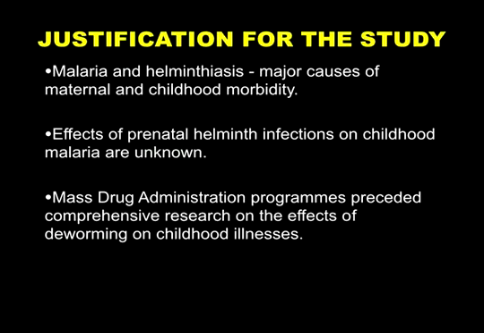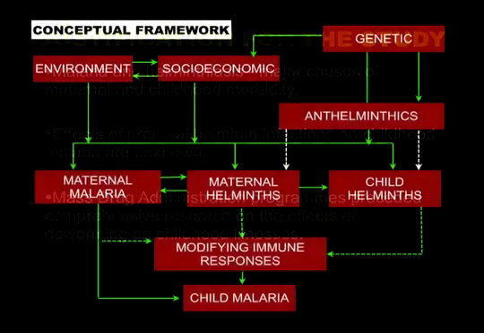Secondly, that the effects of exposure to helminth infections in pregnancy have not yet been explored thoroughly, and there may be some to look at for childhood malaria. Yet, mass drug administration programs have already preceded thorough research on the effects of deworming in pregnancy and early childhood on childhood illnesses such as malaria.